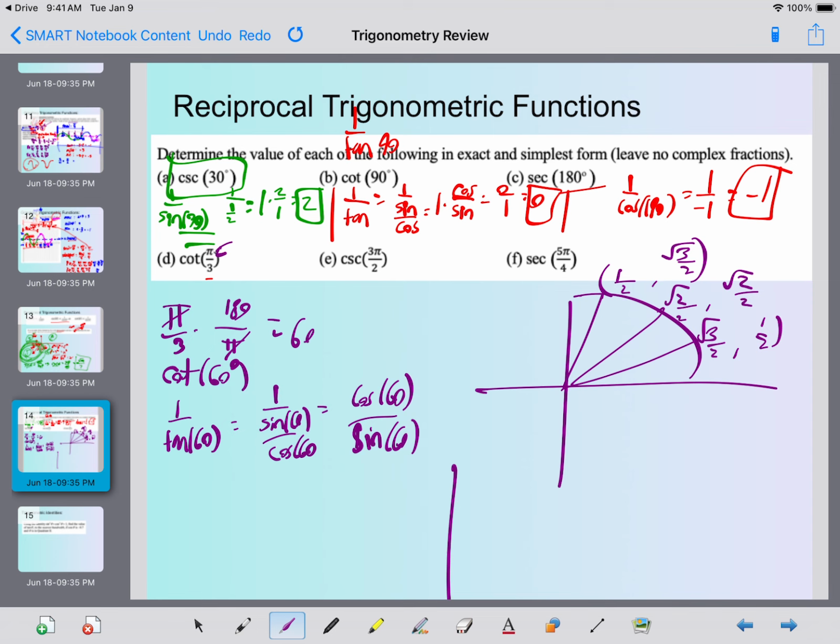But 60, 45, 30. Cosine is the x value. Sine is the y value. Keep, change, flip. 2 cancels out. You get 1 over radical 3. So we actually showed multiple ways of doing this one.